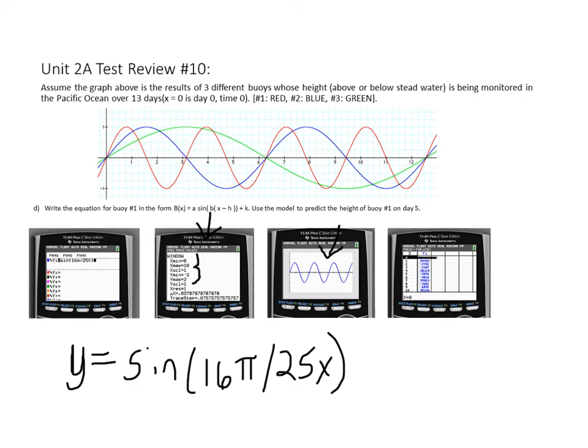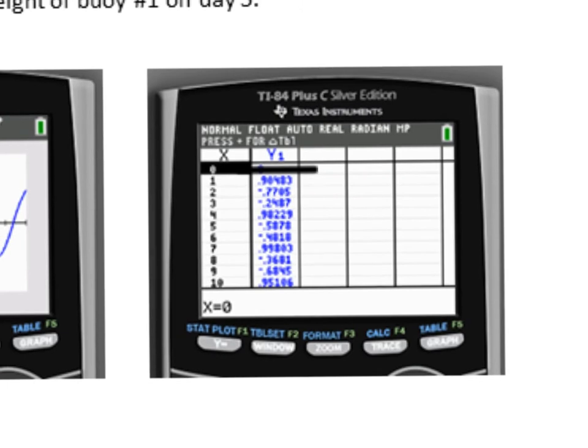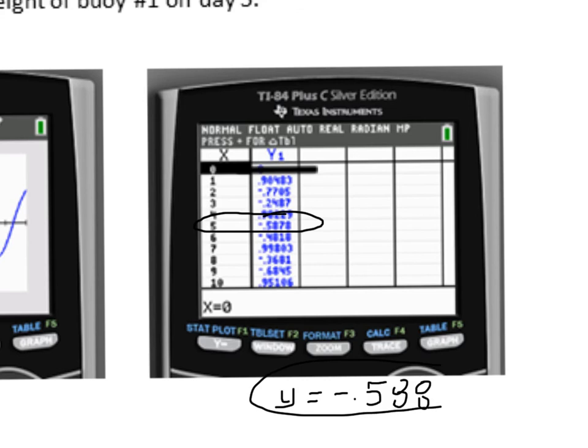In our table, I'm going to go ahead and expand this. I look at x equals 5, and I see that it is right here, that the height on day 5, our y value, is equal to -0.588. And that would be my answer for the buoy height on day 5.